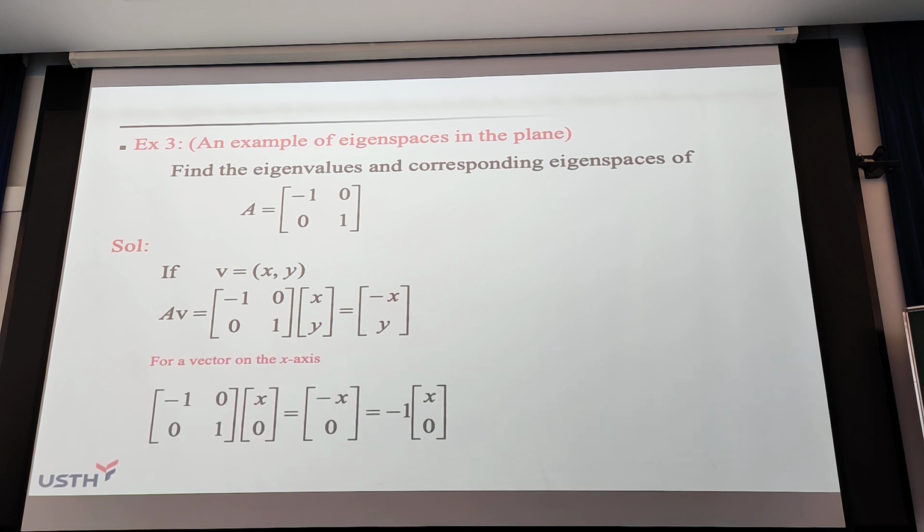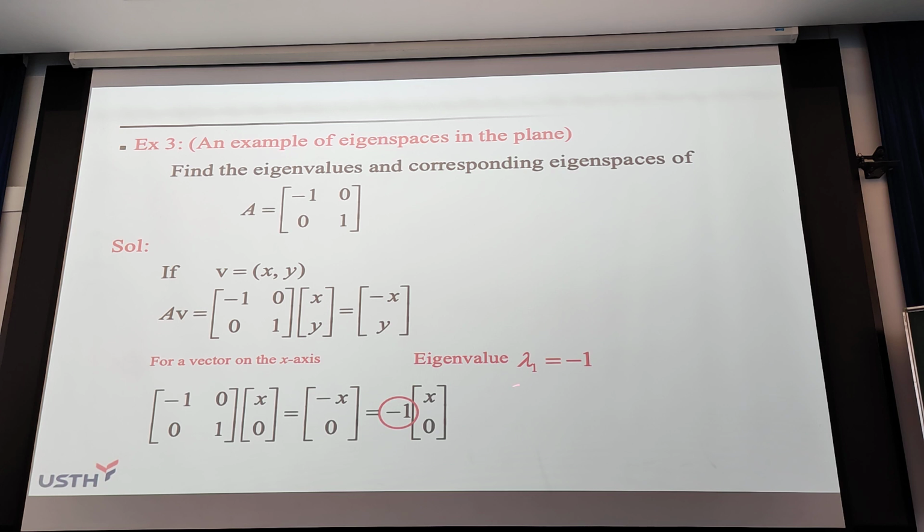Now, if we consider a vector lying on the horizontal axis, that is (x, 0), then multiplying by A, we get (minus x, 0). That is minus 1 multiplied by (x, 0). It means that minus 1 is one eigenvalue.